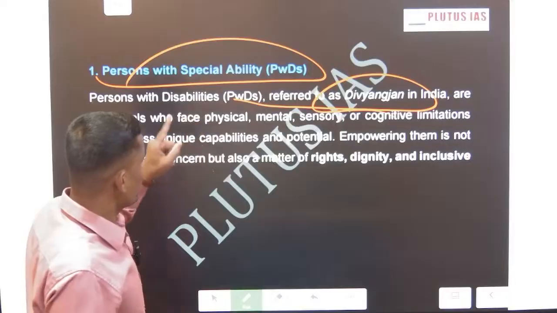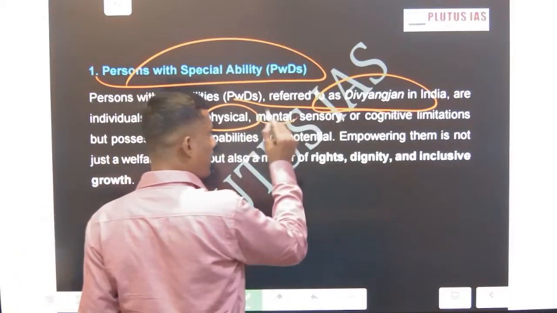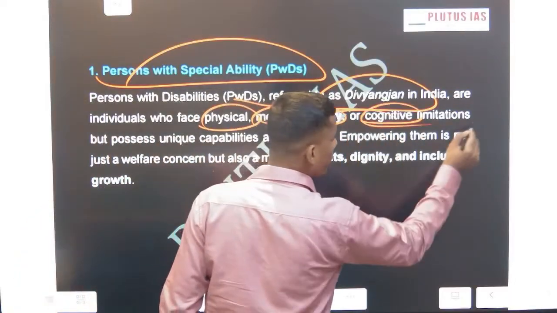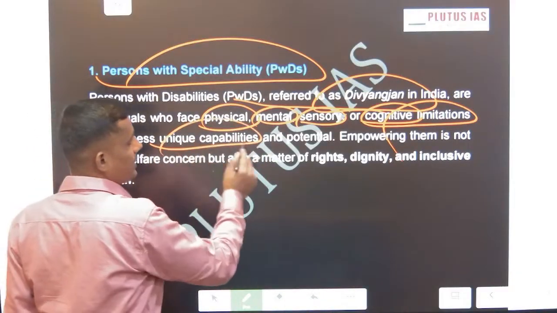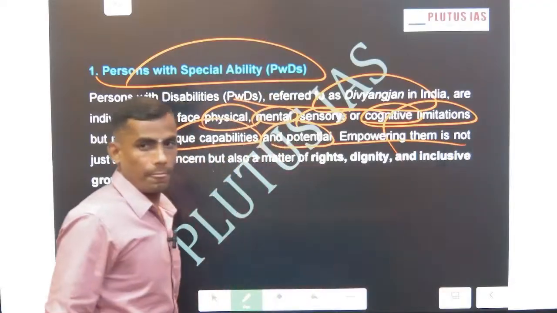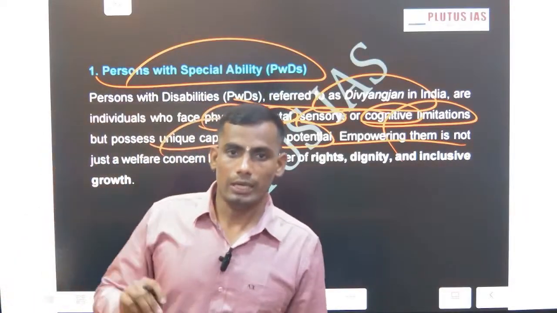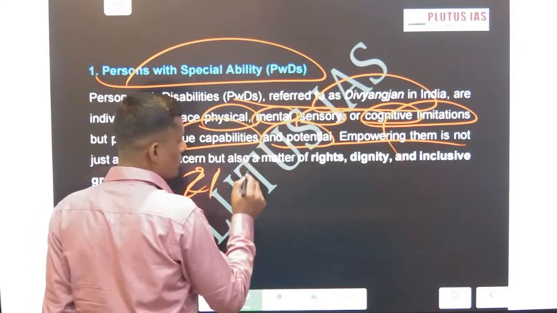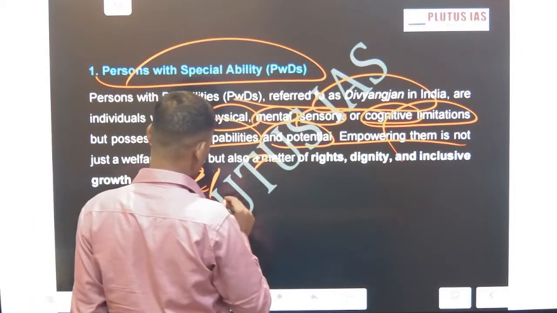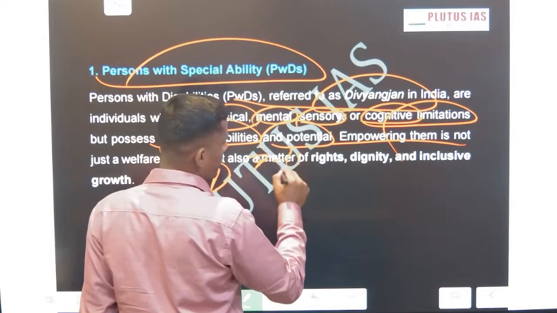Individuals who face physical, remember physical, mental, sensory and cognitive limitations, but possess unique capabilities and potential. Earlier it was 7, then 15.